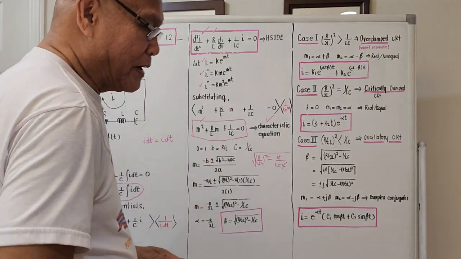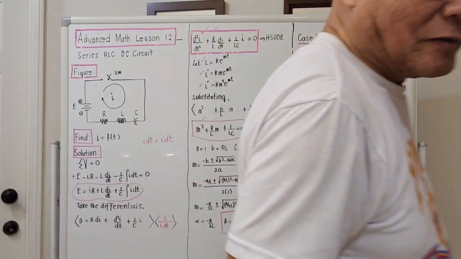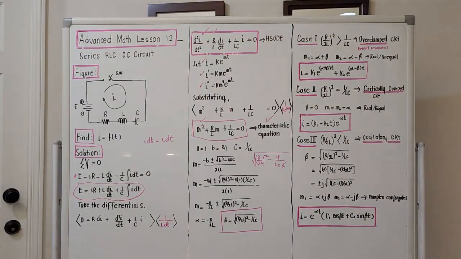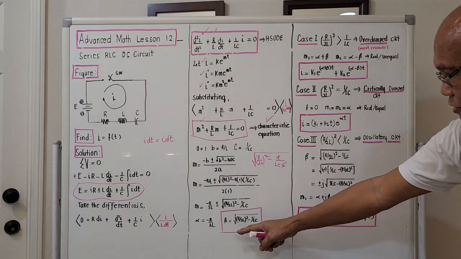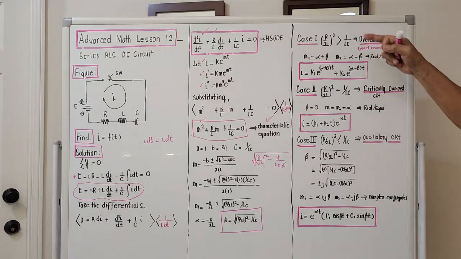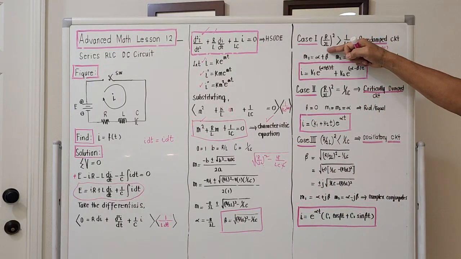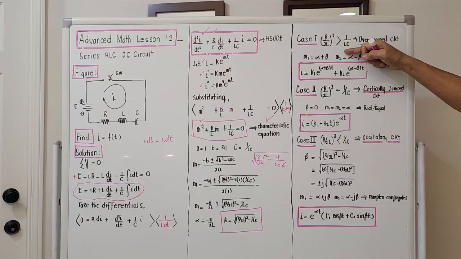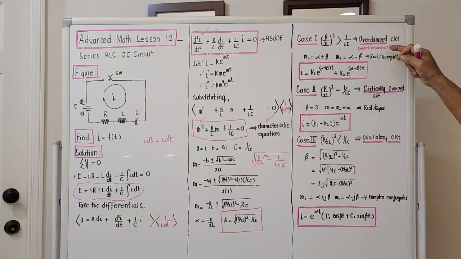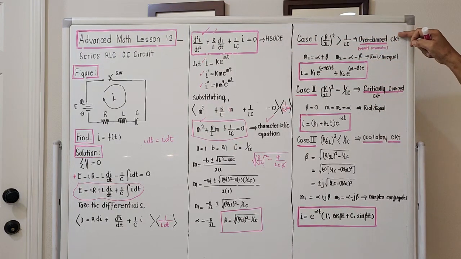Okay, let's bring out the 3 cases now. For the 3 cases, it will be something like this. Case number 1, if the value inside the square root, the ratio R over 2L quantity squared, is greater than the ratio 1 over LC, the circuit is said to be so-called overdamped.